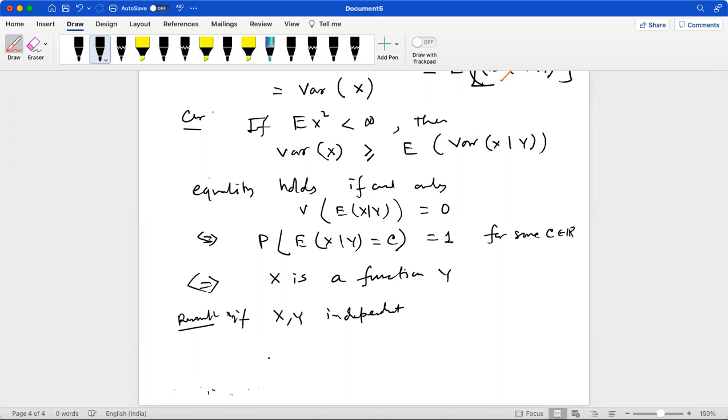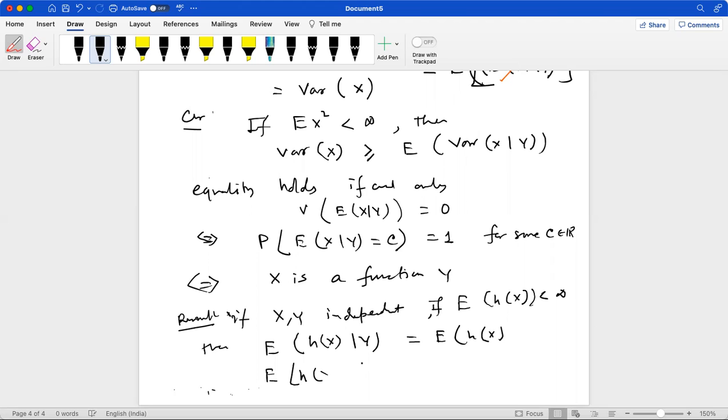And obviously, if expectation of h(x) exists, then the expectation of h(x) given y is nothing but the expectation of h(x), and similarly the expectation of h(y). H is a Borel measurable function. This holds if these are independent.